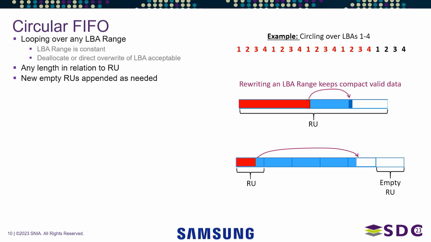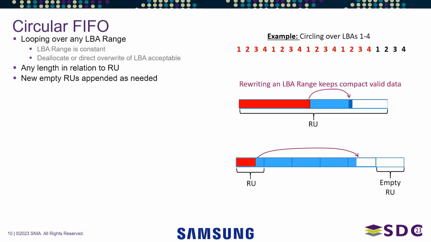And really the only over-provisioning that's going to be used in this is right when you reach the end of an RU, and you're going to need to allocate the empty RU, add it onto the end, and then keep writing into it, right? So this is a very minimal quantity of over-provisioning used in this circular FIFO. But it is non-zero. It's one empty RU, right?